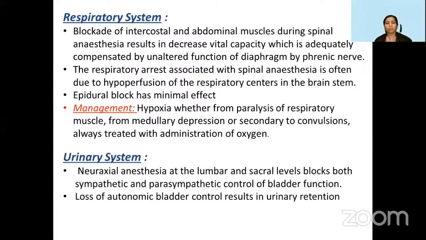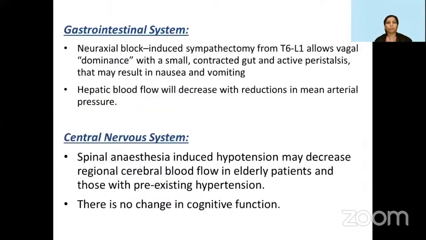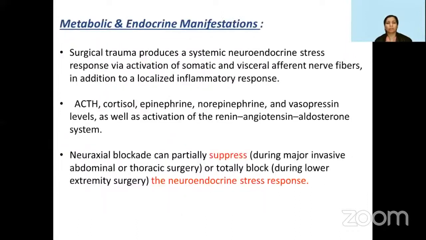In the urinary system, there can be urinary retention. There is a contracted gut and active peristalsis, which can result in nausea and vomiting. Spinal anesthesia induced hypotension can decrease the cerebral blood flow, especially in elderly patients.